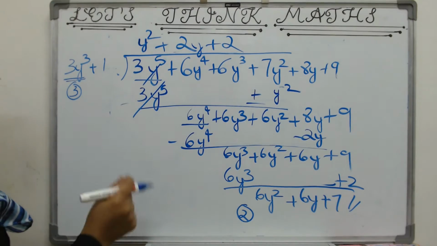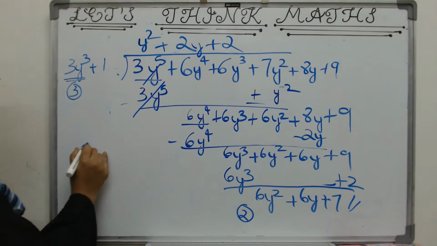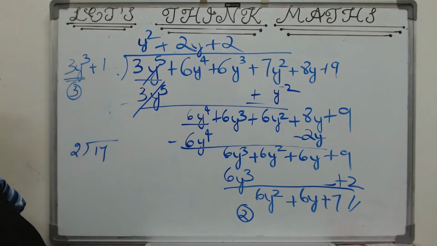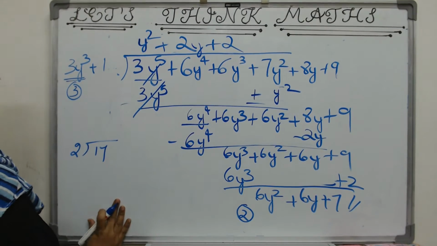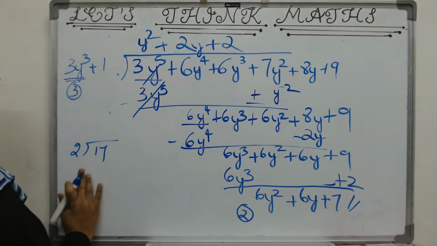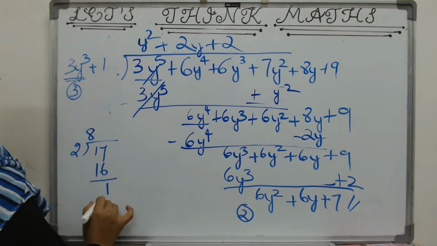Now how do we know if the answer is correct? How do we usually find out? Suppose you divide say 17 by 2. How long will you carry on this division? Till you get a remainder which is less than 2, right? So that would be 8 and 16 and 1 finished.